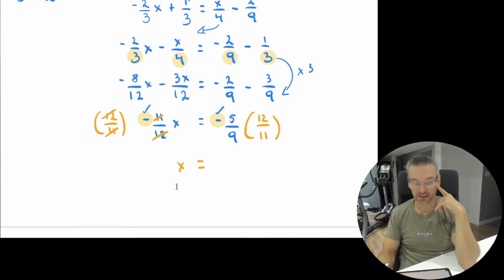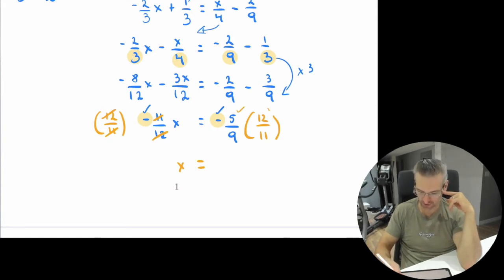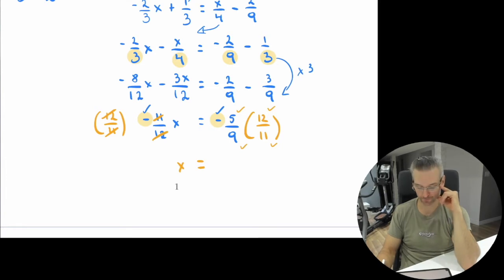And now I can check, can I reduce this a little bit? You can go ahead and say 5 times 12 and 9 times 11, but I do see that with the 9 and the 12, 3 goes into both. So I can divide the 9 by 3 and the 12 by 3, so that's going to be 4, and this is going to be 3.